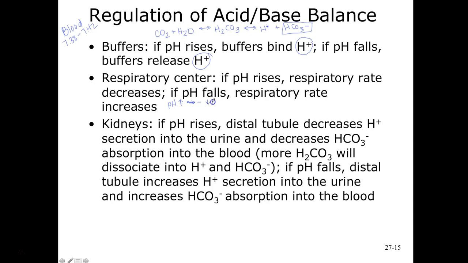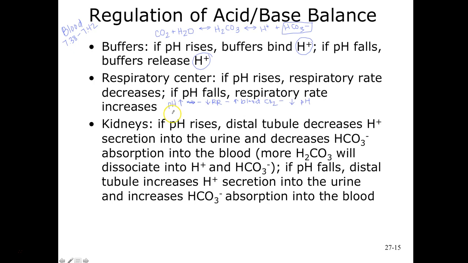So what that means is we're going to decrease our respiratory rate, and that is going to cause a rise in our blood carbon dioxide. When we get that rise in blood carbon dioxide, that is going to cause a decrease in our pH.